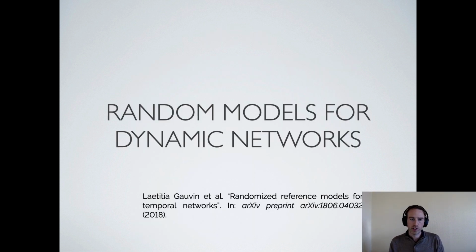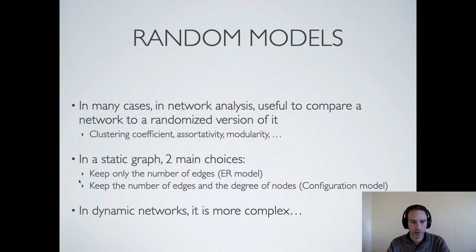Another notion I wanted to introduce is the notion of random models. This is coming mainly from another paper, and I will of course just introduce the topic and not go into details, but you can check more details looking at this paper and others on the topic.